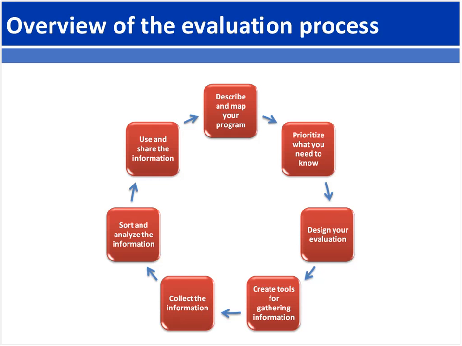You may also have process evaluation questions, which focus on critical aspects of how a program is being implemented. And you may also be interested in assessing things like satisfaction with a program. In this second step, you consider all the possible questions you have and prioritize those that are the most important for you to examine through your evaluation.